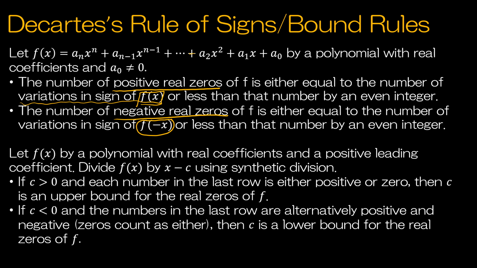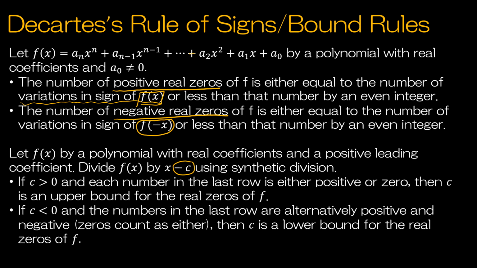The other is the bound rules. And again, if you're graphing this to help you determine the zeros, you're probably never going to use this. But the bound rules say that if you use synthetic division, we have x minus c as a factor, and if c is greater than 0 and each number in that final row is positive or 0, then c is an upper bound.